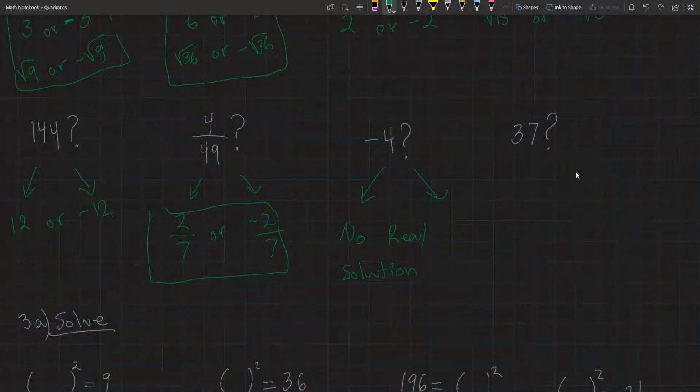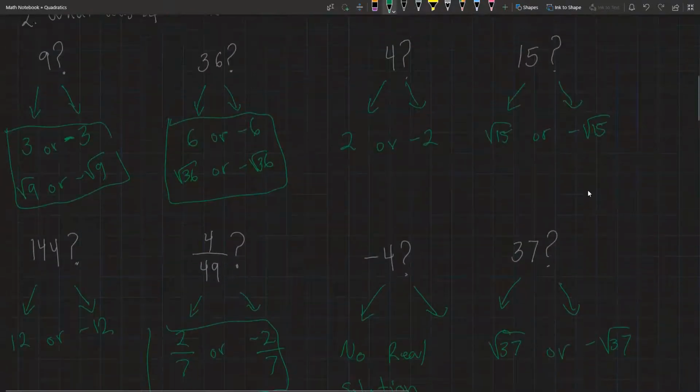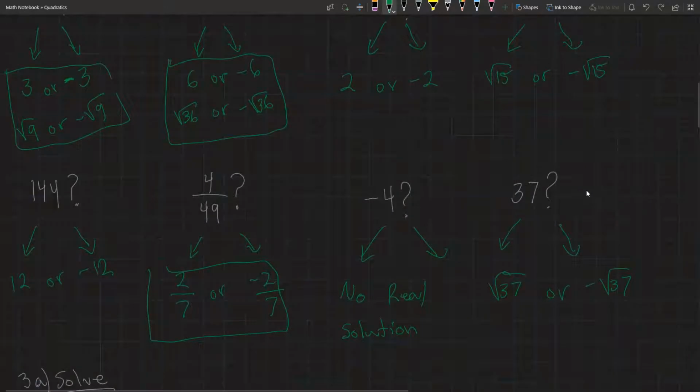There's been solutions to these in the past, a long time ago. And again, recognize 37 as a non-perfect square number. So therefore, the only possibility to write this is the square root of 37 or the negative square root of 37.